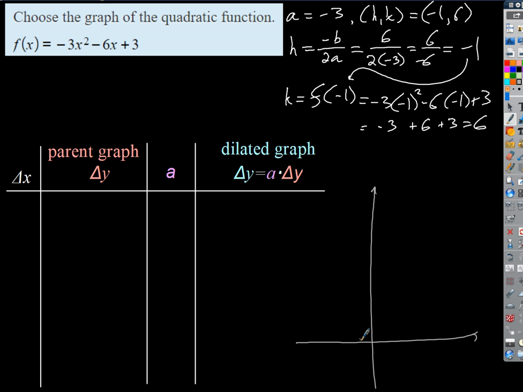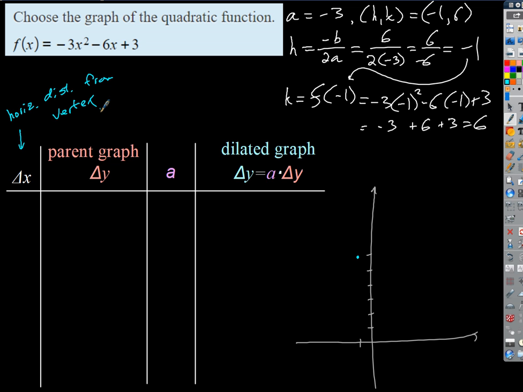Okay, so over here at negative 1, positive 6, there's going to be our vertex, right? Right there. If a is negative 3, let's find some other points. Delta x is what we're going to call our horizontal distance from the vertex.